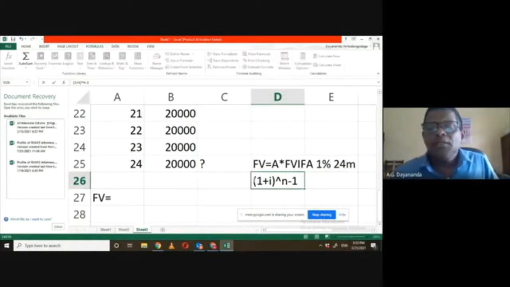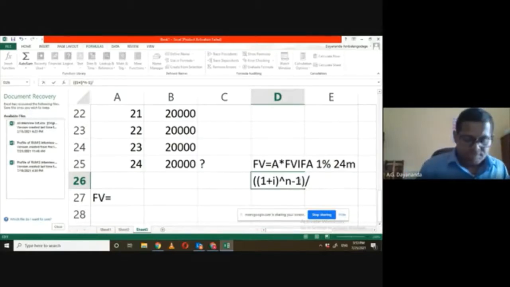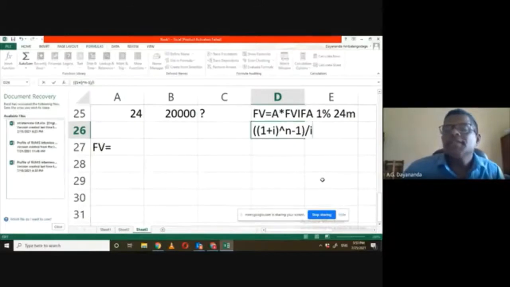That is 1. The total formula, the total set, divided by I. That is the factor. That's the formula.